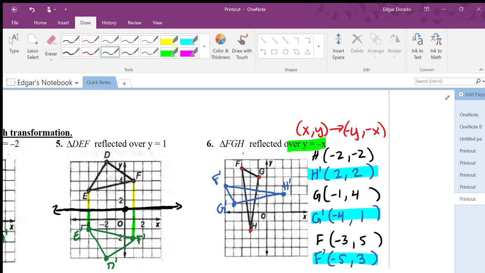Okay, and once again, guys, I realize that doesn't look visually pleasing, but if you actually consider the fact that this is the line y equals -x, you're really reflecting along this line. This doesn't look all that great. Let me try it again.